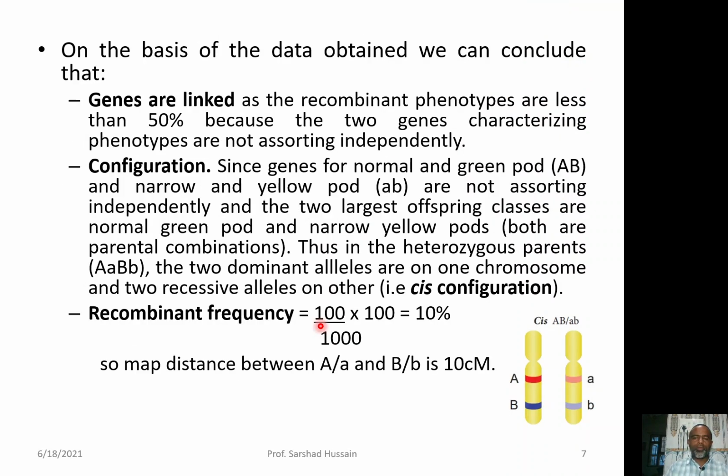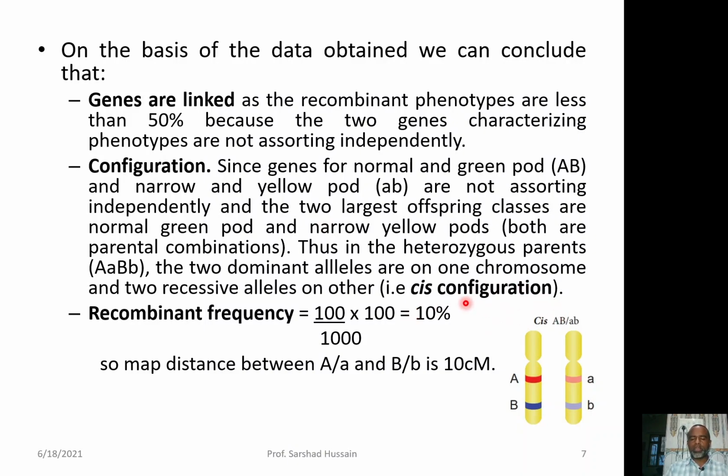From this result you can obtain many things, like whether the genes are linked or not, that is whether capital A and capital B, or small a and small b, are linked, whether they are present on different chromosomes or on the same chromosome.